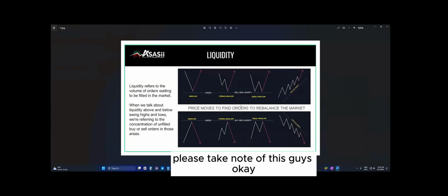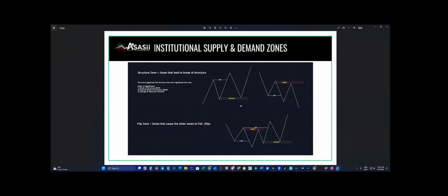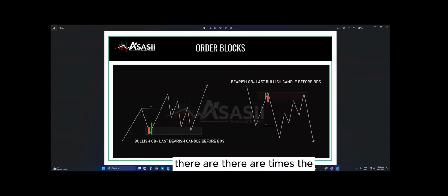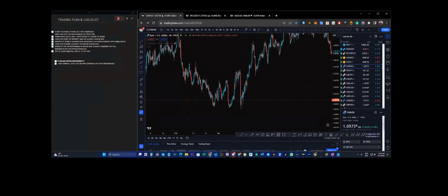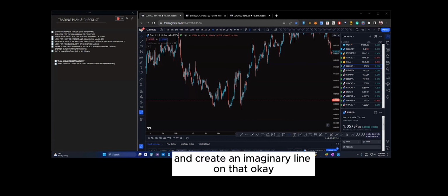Please take note of this, guys. There are times that the high and lows didn't break, creating a minor structure on that side. So make sure to consider the high and lows and create an imaginary line on that.